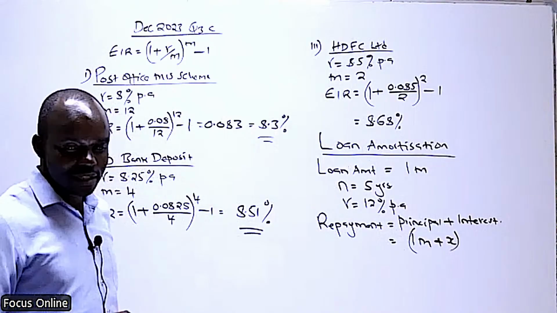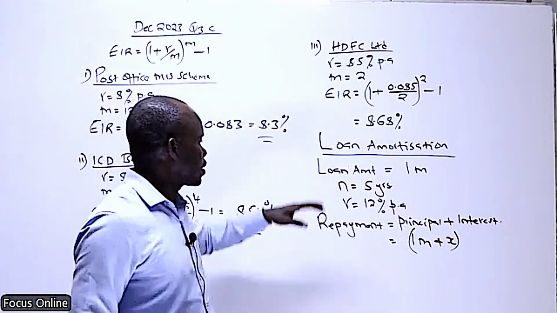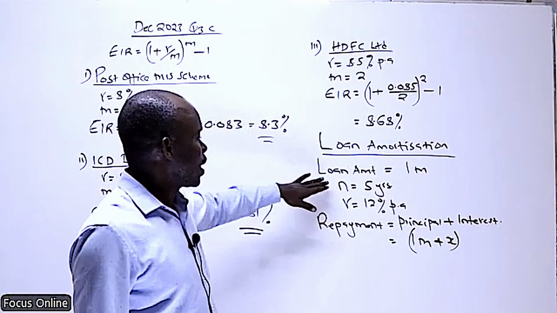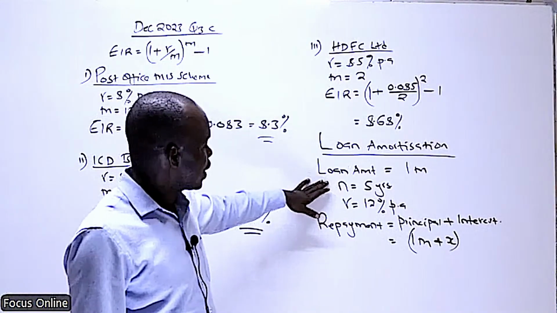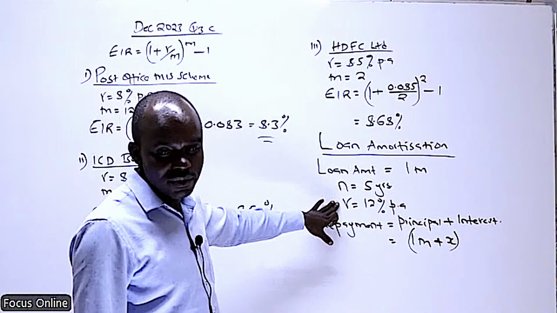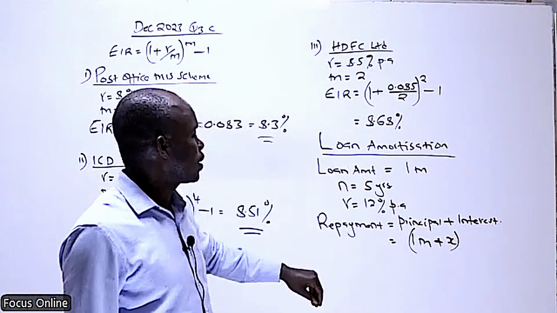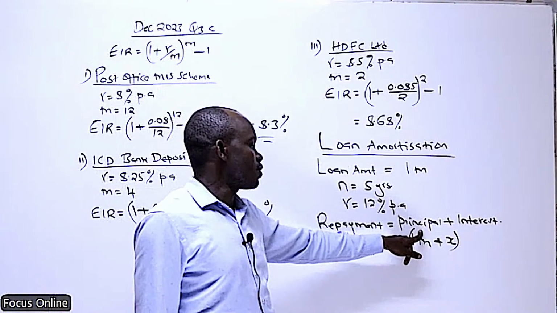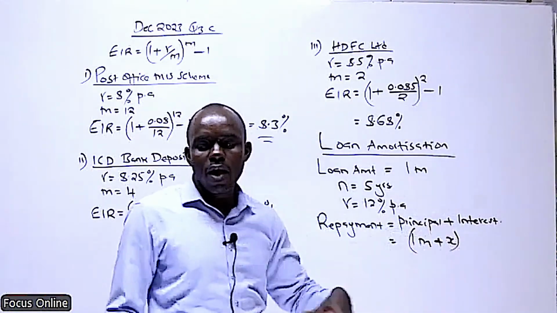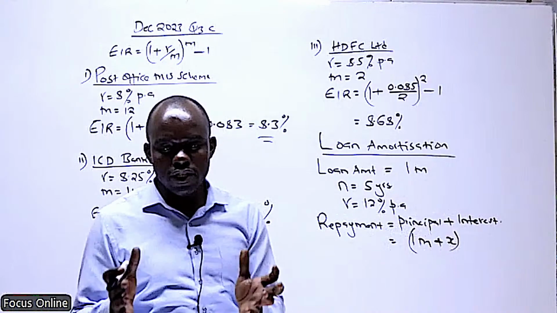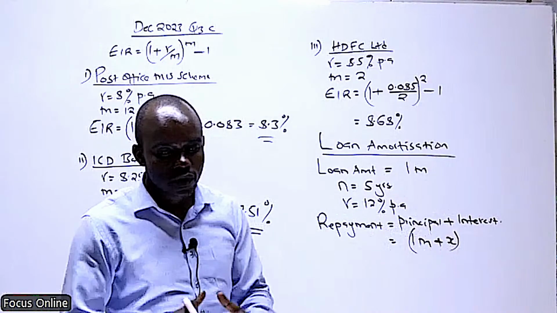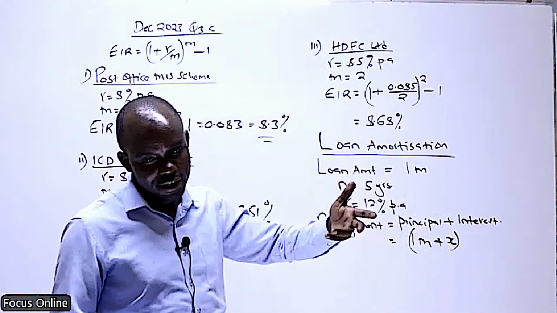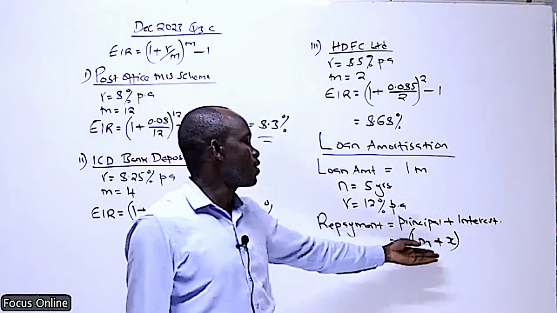Now that we've given this person a loan of 1 million shillings, payable within 5 years at an interest rate of 12% per annum, and in repayment this person is paying a principal plus an interest amount, how much of an installment should this person pay within this period to have exhausted the total amount?